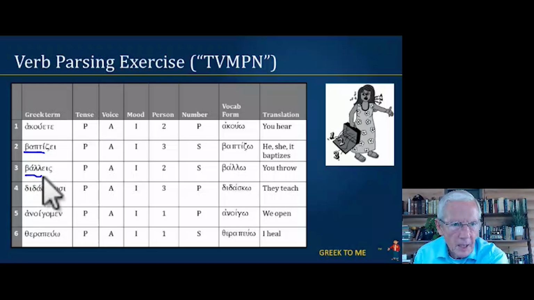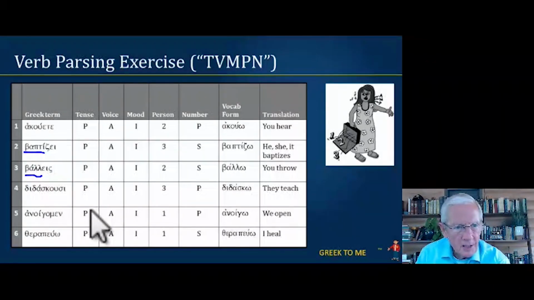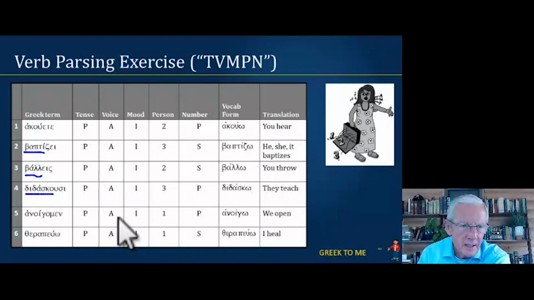Baleis. Bal is the stem. Eis is the ending. Present active indicative, second person singular. From ballo, you throw. Didaskousi. Didask is our stem. The ousi is the ending. Present active indicative, third plural. They teach.